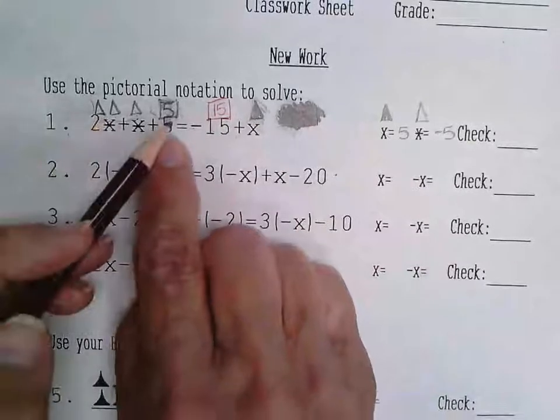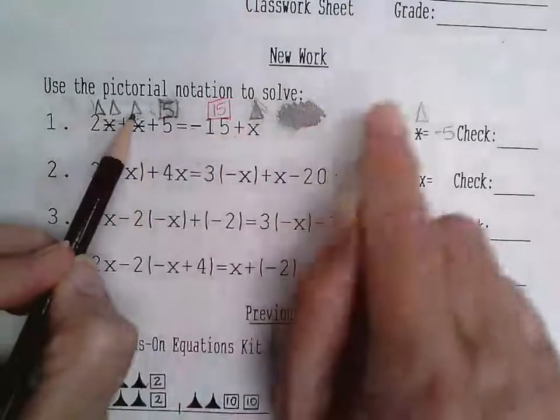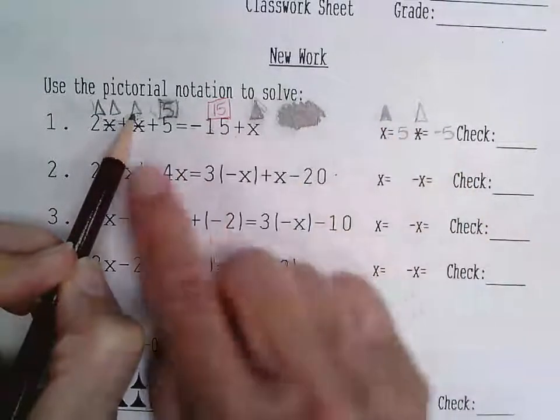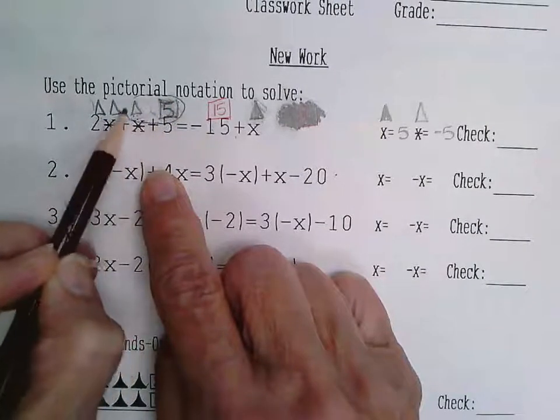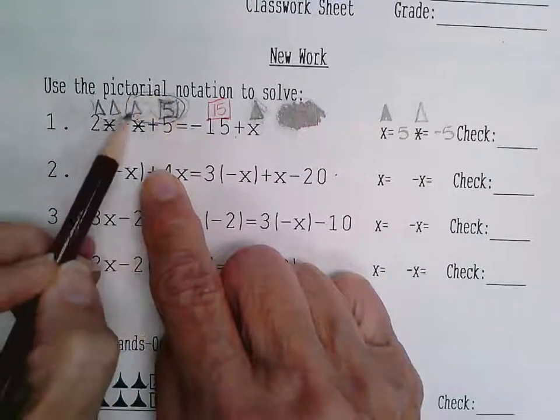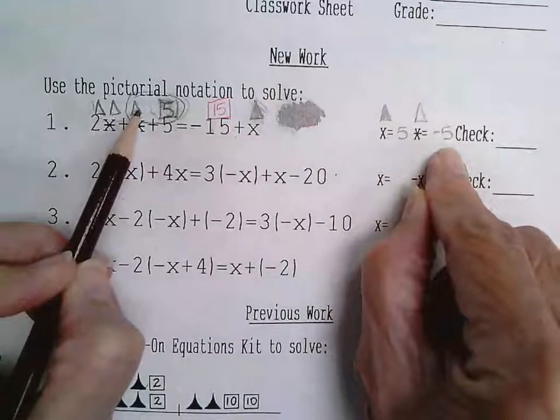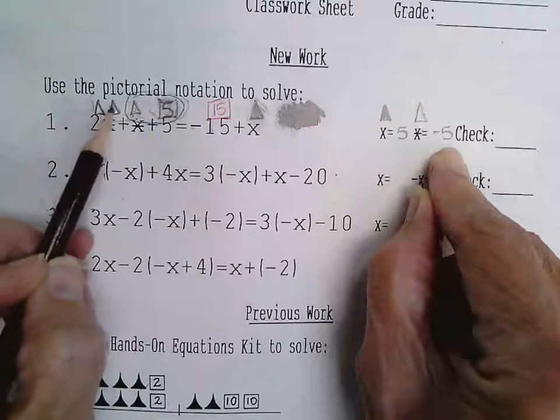You might also notice here that because this white pawn is equal to -5, these two together make a 0 pair, only because this value I've already discovered is -5. So that would leave me with -5, -10.